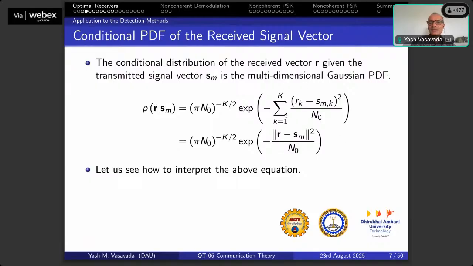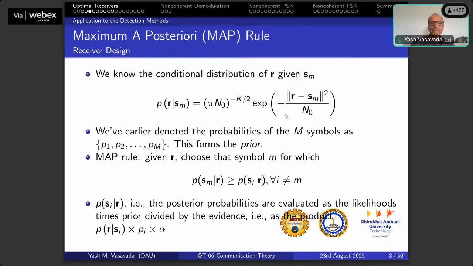This is just a multi-dimensional generalization of the Gaussian PDF, which we have seen earlier for BPSK. And the MAP rule maximizes the posterior, whereas the maximum likelihood just maximizes these conditional likelihood functions.